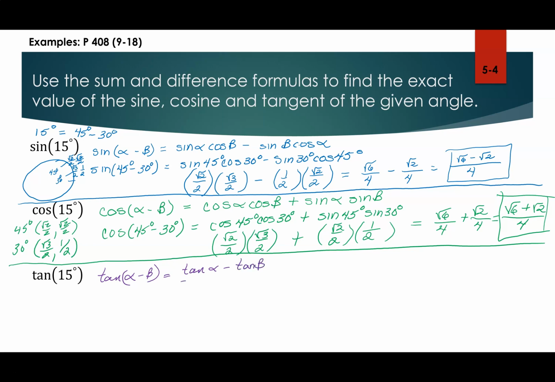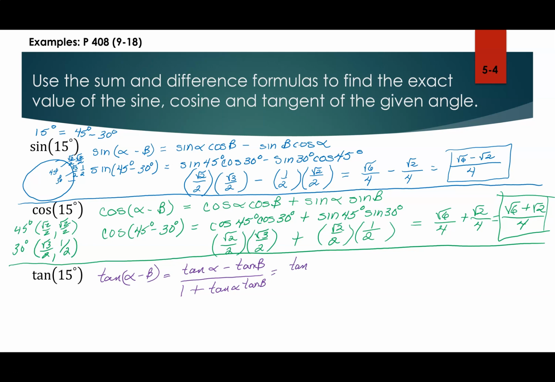Remember, it's sine on the top, so it follows the pattern. And then on the bottom, it's cosine, so it's a little different. Instead of subtracting, it's going to be 1 plus the product of tangent alpha, tangent beta.